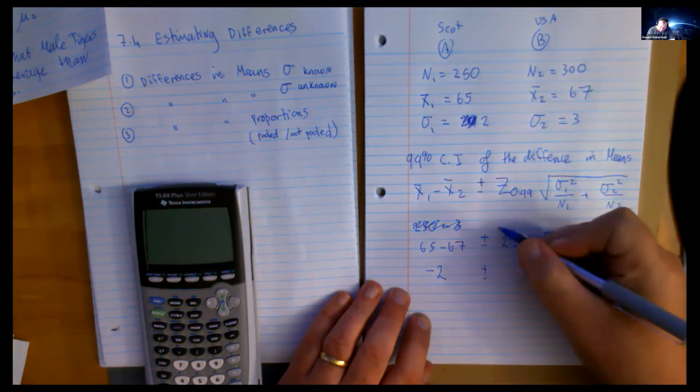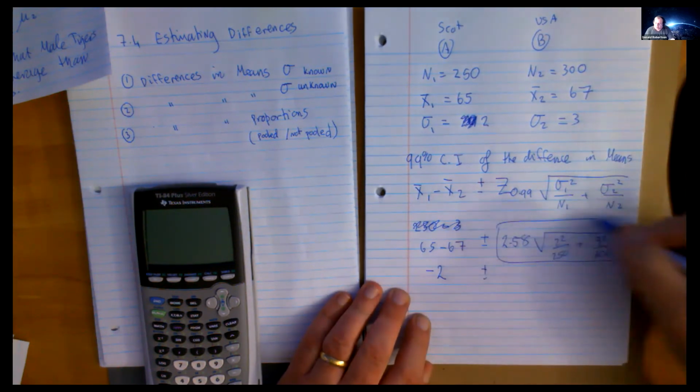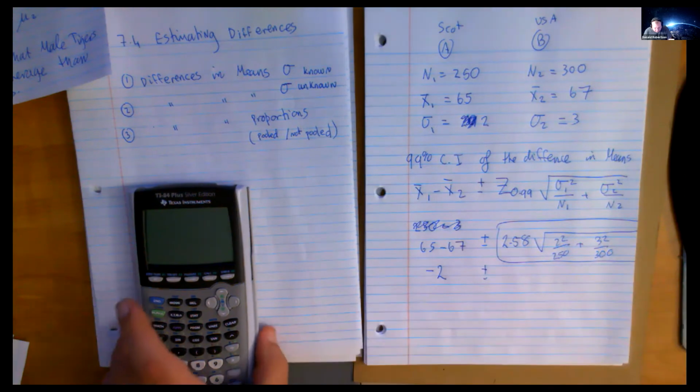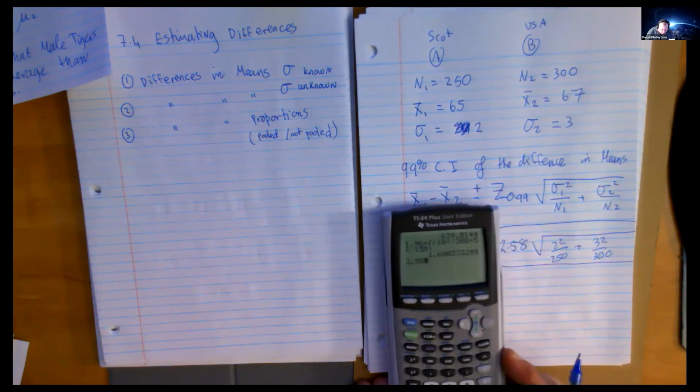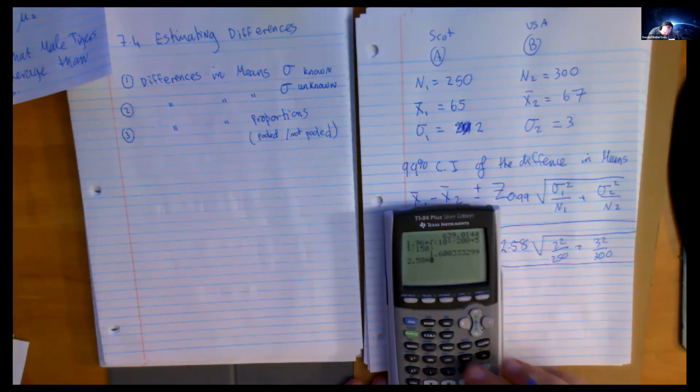And this mess here is our margin of error. So here goes. 2.58 times the square root of 2 squared, I'll do that in my head, 4 divided by 250 plus, I can do this in my head, 9 divided by 300.